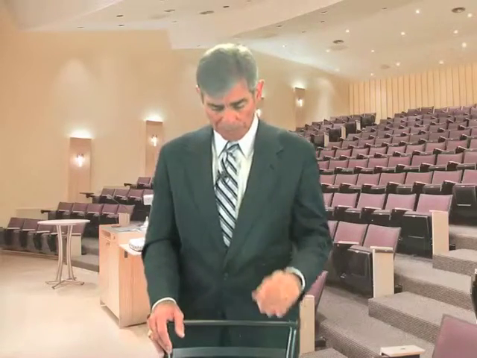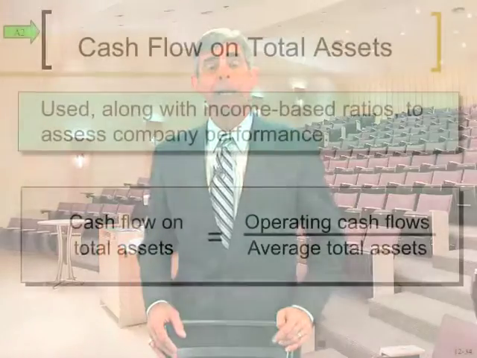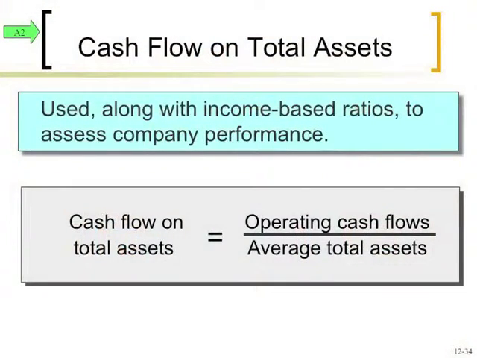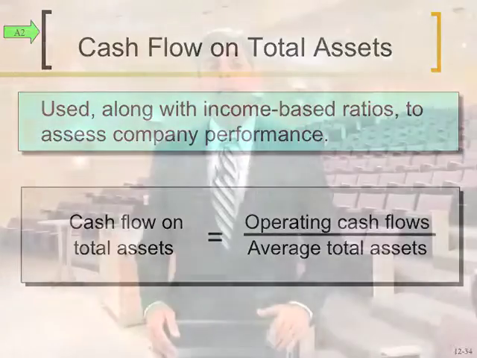What I want to do is move to slide 34 and then look at one final measure that we have available to us, and that is cash flow on total assets, which is we take our operating cash flows, we divide that by our average total assets, and that lets us know how much operating cash flow was produced by our assets as a measure of efficiency of usage in our assets.